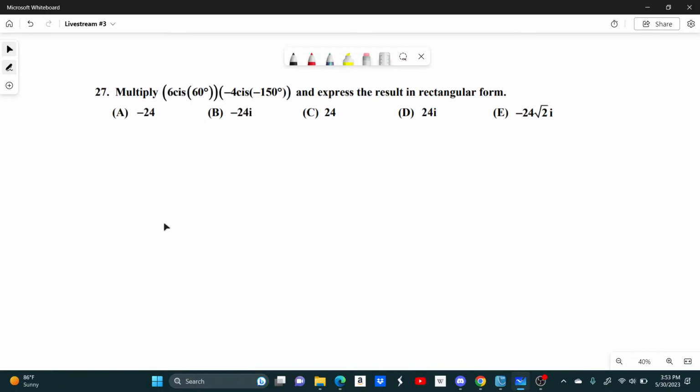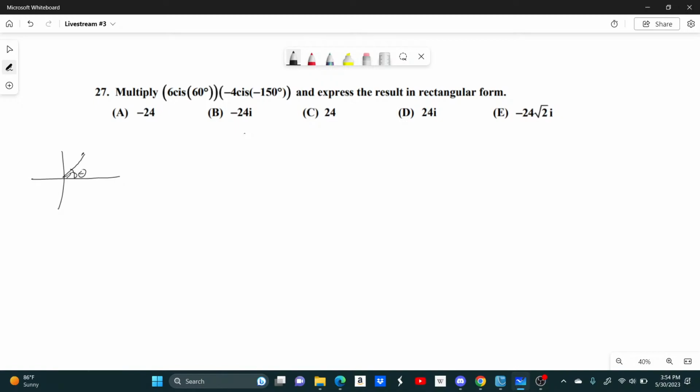Okay. We have multiplying these two complex numbers. Multiply 6 cis of 60 times negative 4 cis of negative 150. So if you guys are unfamiliar with what this notation means, one way that you can express a complex number is by how far away from the origin it is, and also the angle that it makes with the positive x-axis.